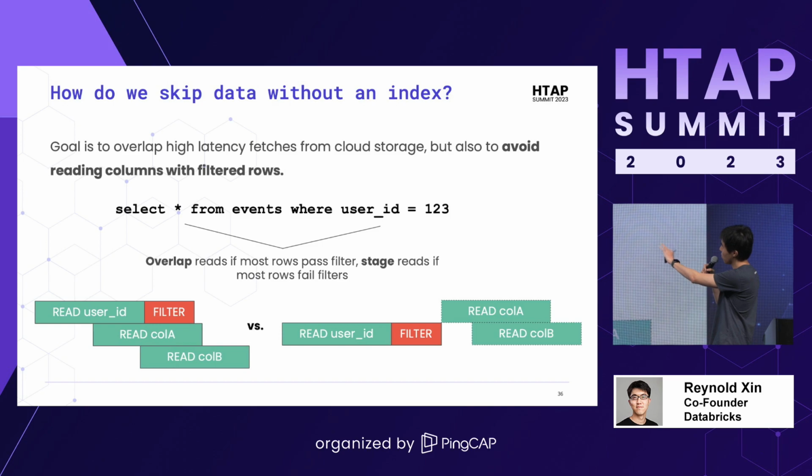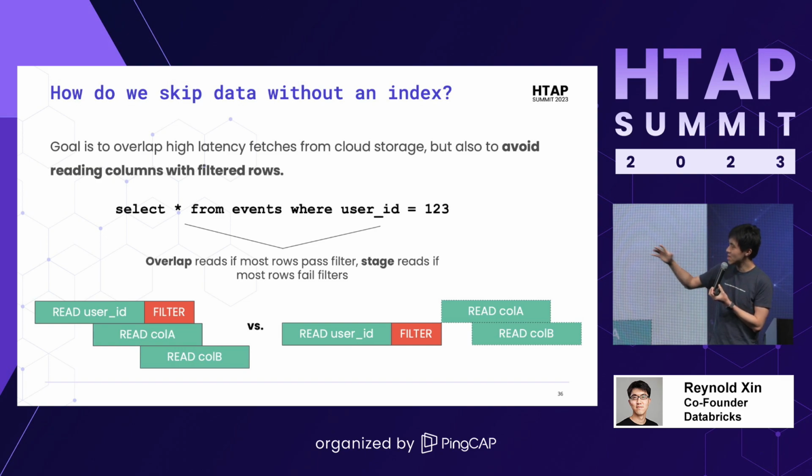So imagine this query in an analytics system, which is almost always columnar. There are effectively two ways of executing it. The first way is to pipeline the fetch of all columns. So let's say we have 3 columns you're trying to read. One is just user ID, because you have to run the predicate filter on it, and then you read the other 2 columns, A and B. One way is maximum pipelining, so you try to read all of them almost at the same time.